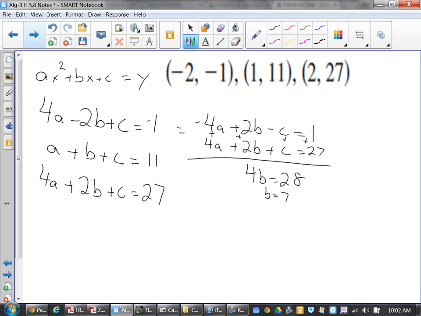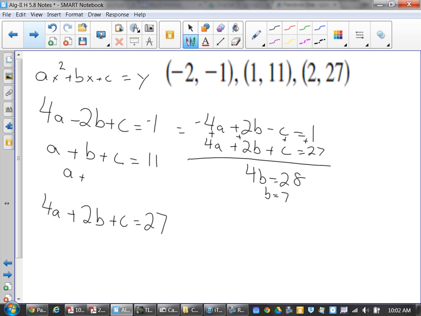If b is 7, I have a plus 7 plus c is 11. So a is 4 minus c. And then it's really fast.